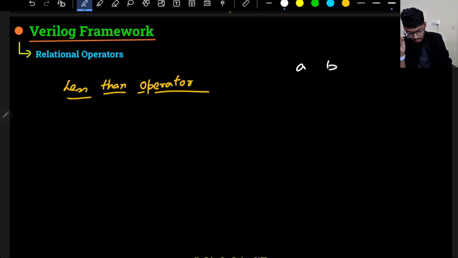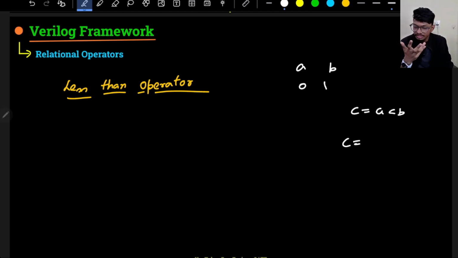AB, okay, 0 1. So this will evaluate true only if B is 1 and A is 0, right? Then only it will evaluate true, that A has to be less than B. So basically this is my final expression, A less than B. So in Boolean logical expression, it will be A bar B. This will be your final expression.